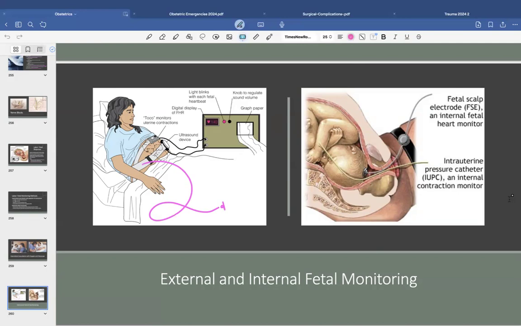With the fetal scalp electrode, which we talked about earlier a little bit, the electrode is placed on the part of the fetus closest to the cervix, usually the scalp, which you can see in that second picture. This device records the heart rate. The uterine contractions are also monitored with a special tube, which is the second portion of that picture, the intrauterine pressure catheter, and that's inserted through the vagina into the uterus.